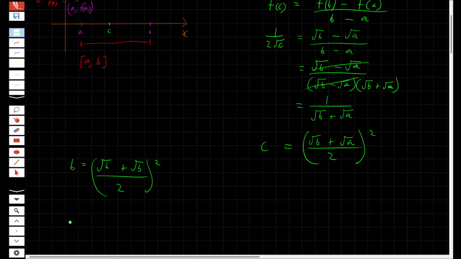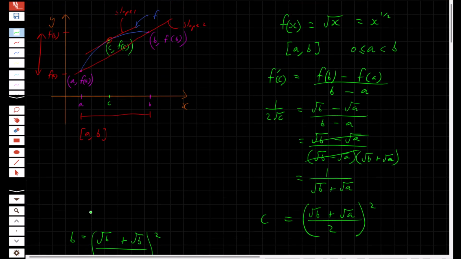And a can be written similarly, so we can write the square root of a plus the square root of a divided by 2, squared. And we know that a is less than b and b is greater than a.